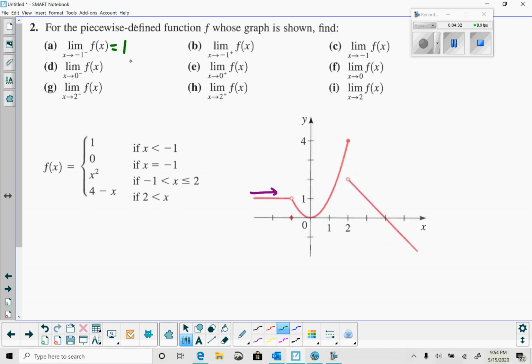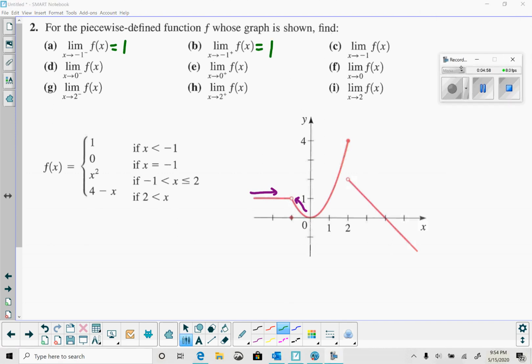If we look at part B here, the limit as x approaches -1 from the right, well, that's our parabolic part of it here, and as we head towards -1, 1. So we could say here that the limit of that is equal to 1.